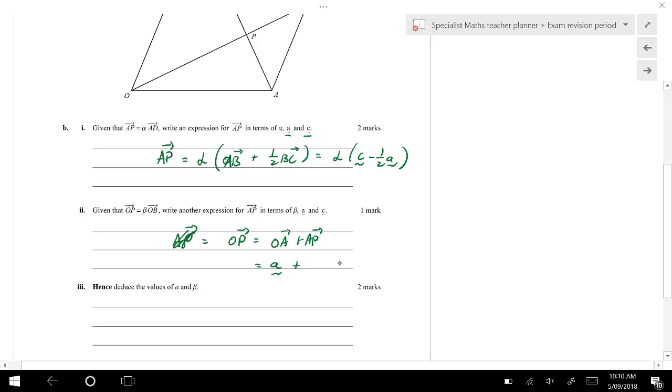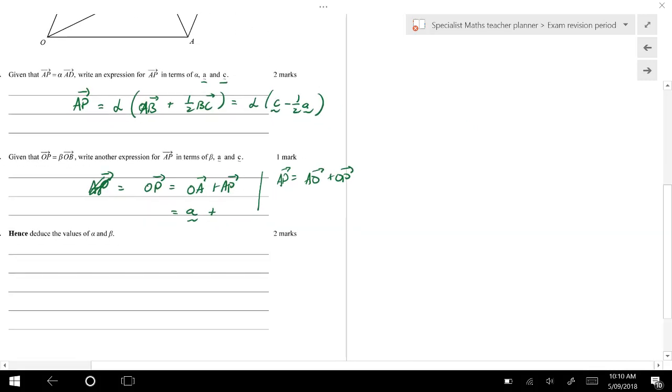Yes. What did I do? Yep. AP is equal to AO plus OP. This is one of those ones I'm looking at the question and I did it yesterday. That's equal to negative A. That's right. And then we're simply rearranging, and we can see that AP is equal to beta A plus C minus A. And that's it.